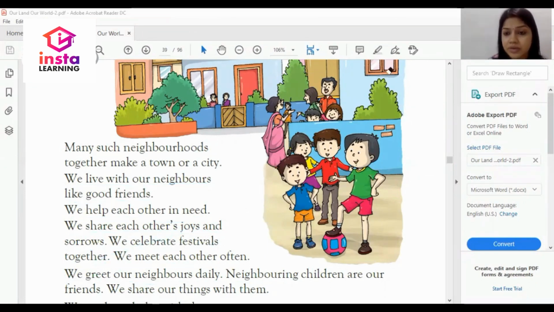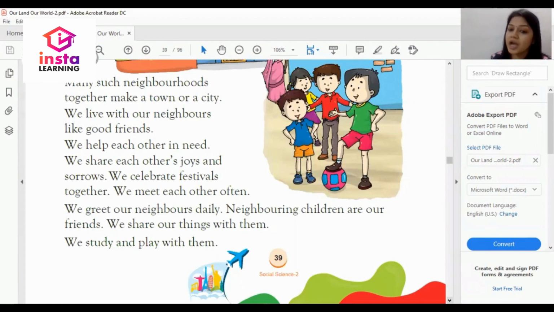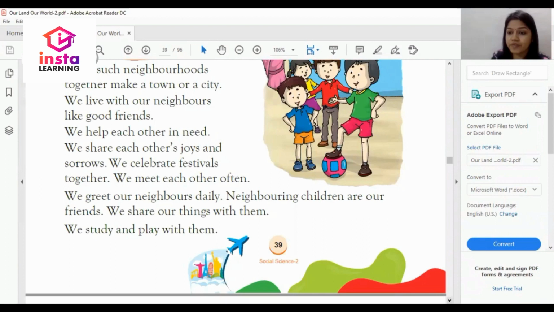As you can see on my screen, we study and play with them. So, the answer to the question, how do we live with our neighbors, is: we live with our neighbors like good friends. We help each other in need.